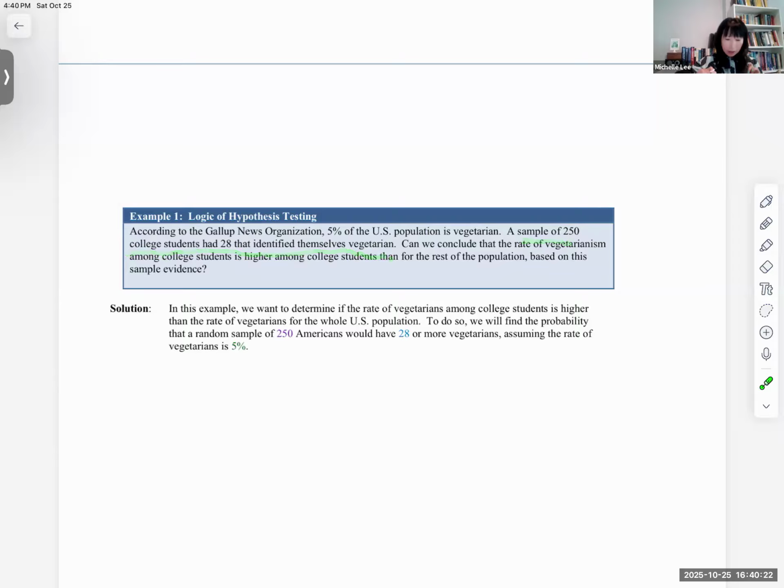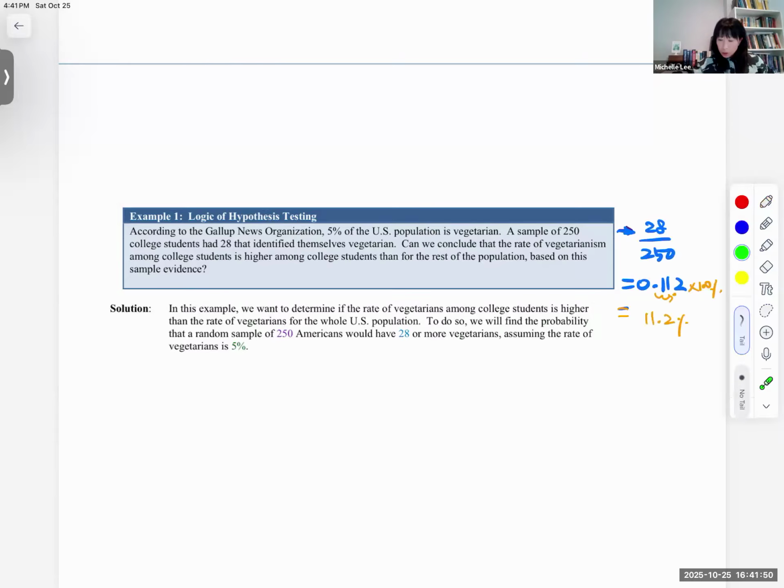So let's calculate that: 28 out of 250. It's 0.112, which as a percentage is 11.2%. This number is higher than the one from the Gallup organization, right?